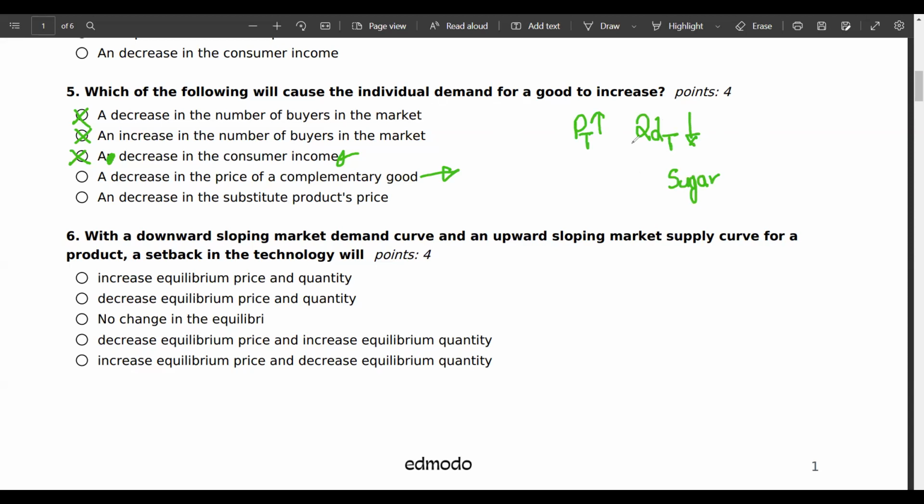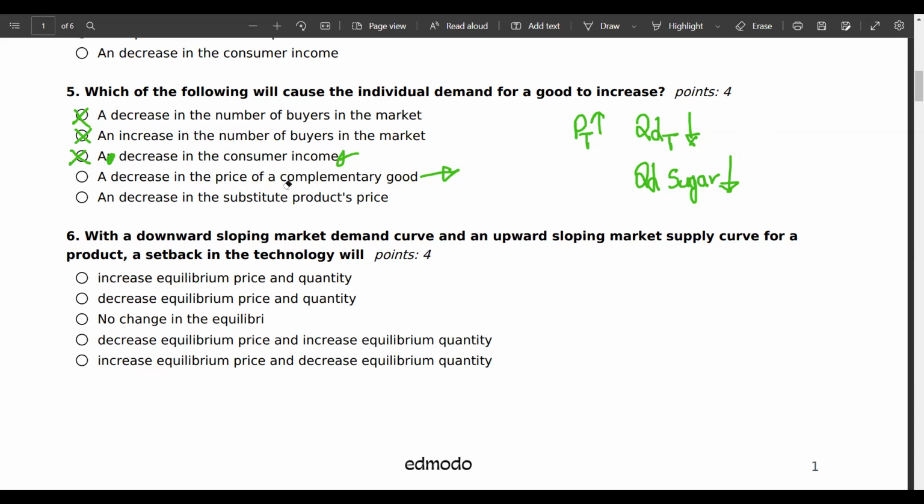So imagine when the price of tea goes up, we buy less tea, and sugar is used with tea. What will happen to sugar demand? Sugar demand will drop, right? So when the price of tea goes up, quantity demanded of tea drops. At that time, quantity demanded of sugar also drops.